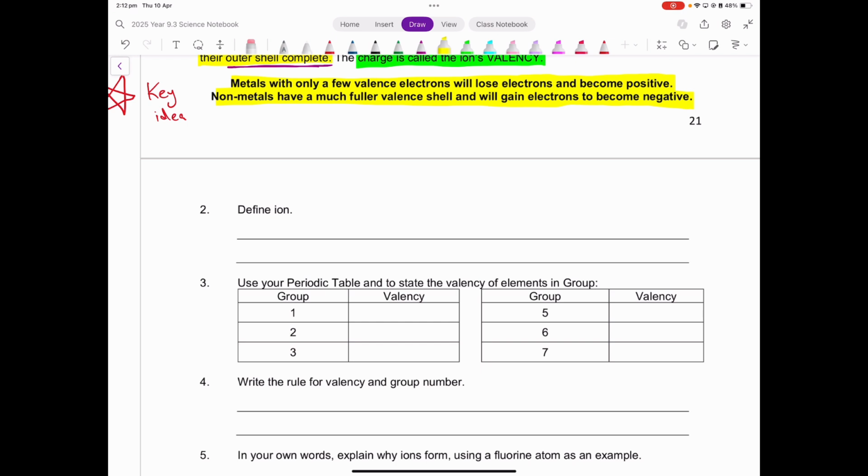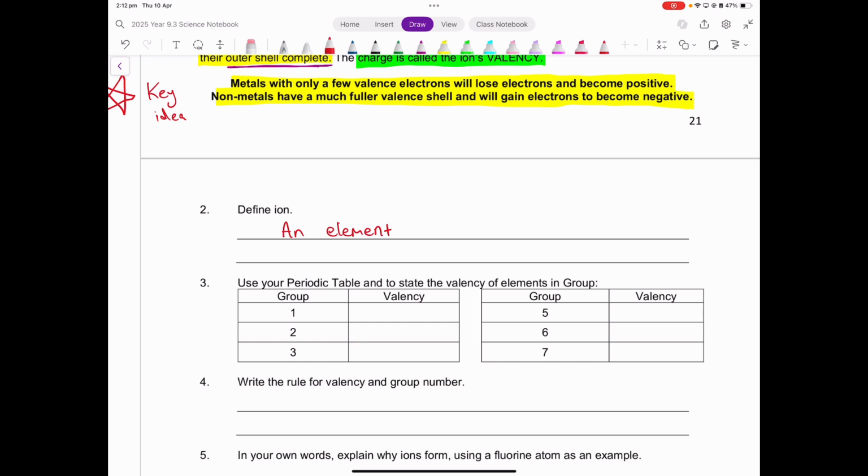So let's work together now to define this word ion. So what is an ion? It is an element. Now, what's different with an ion? What is the thing that is changed? Charge. Great, the charge has changed.